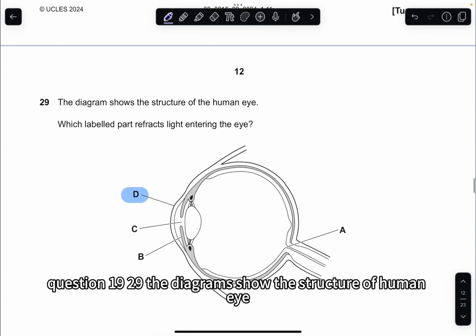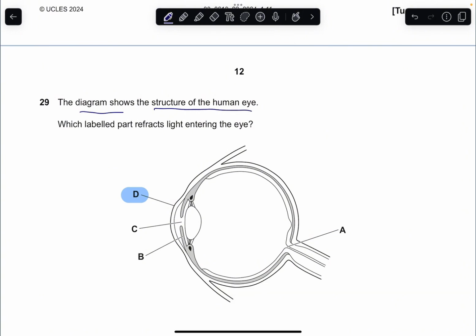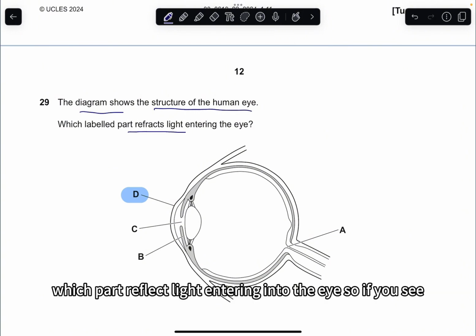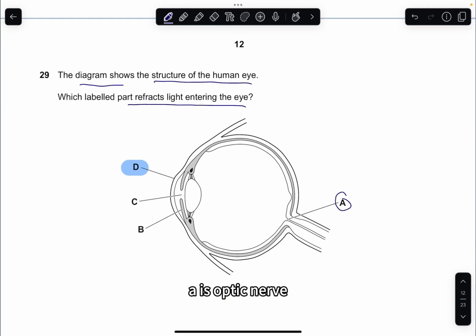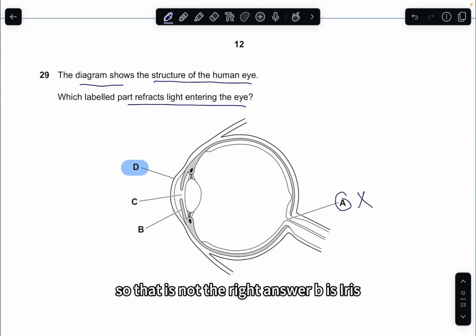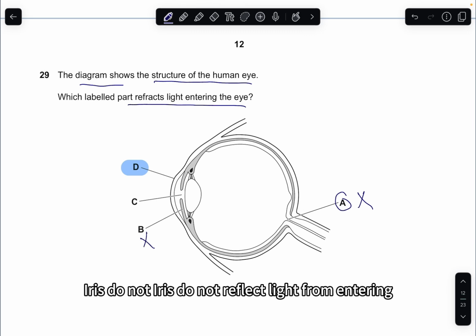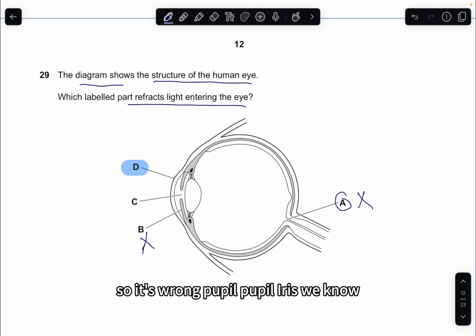Question 29. The diagram shows the structure of the human eye. Which part refracts light entering into the eye? If you see, A is the optic nerve, so that is not the right answer. B is the iris. The iris does not refract light from entering, so it's wrong.